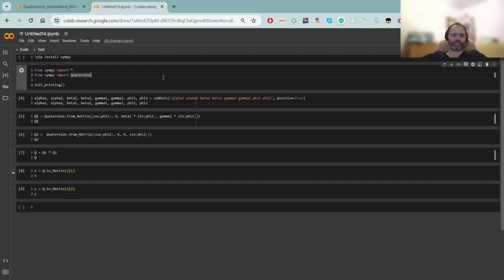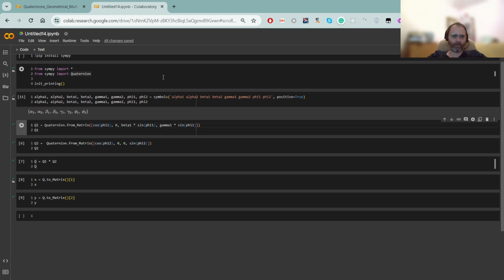Let's execute the cells. The first is imports, and the second is defining symbols. We will use them next.